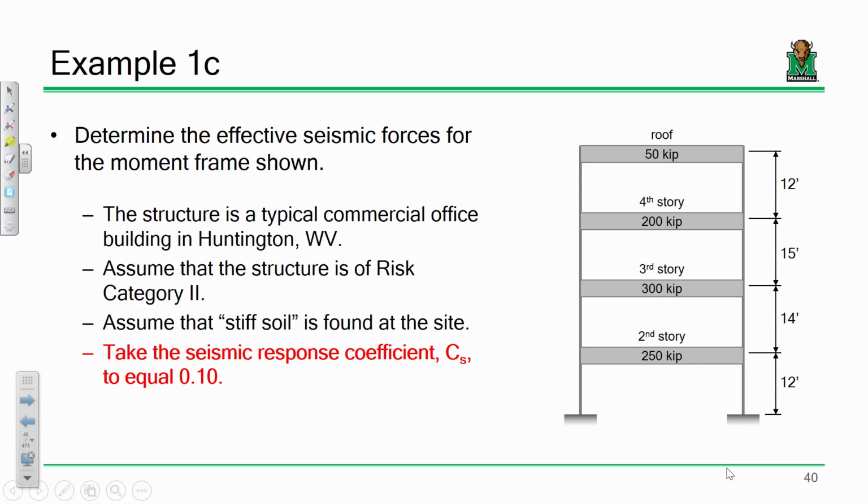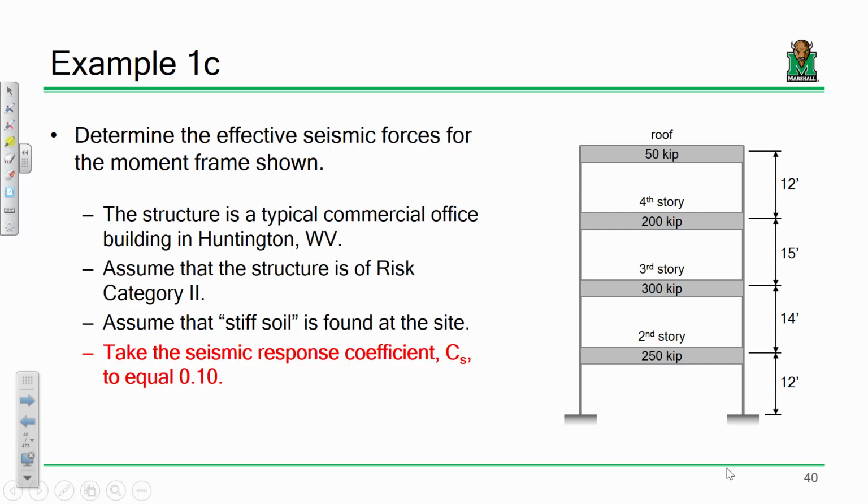So somebody tell me what that comes out to be. 0.671. 0.671. Do I have a second on that?